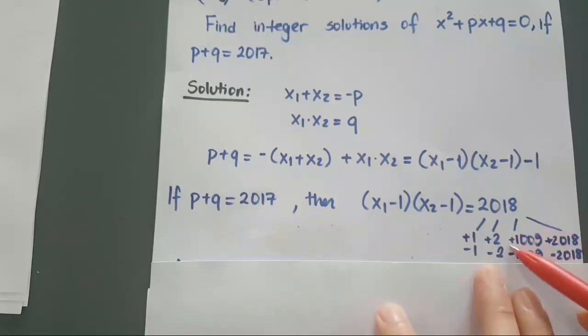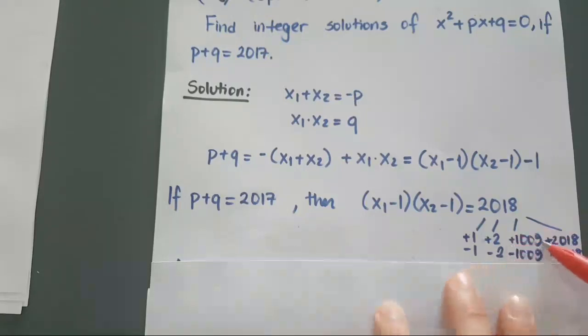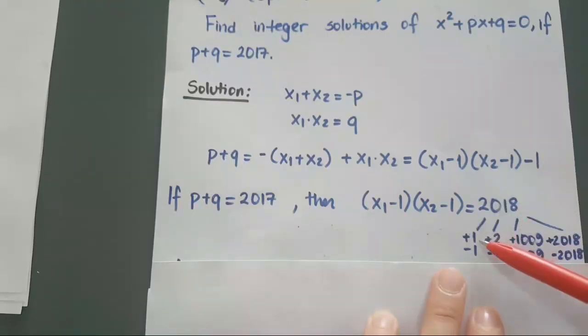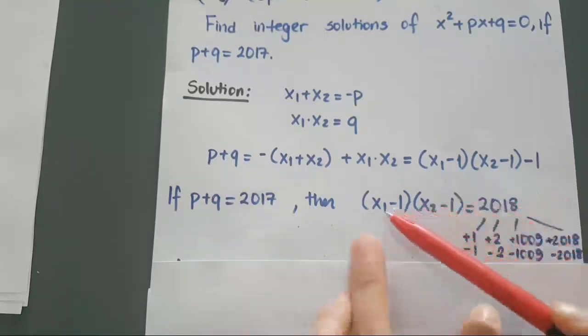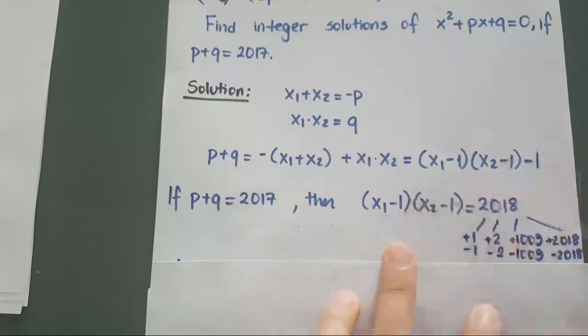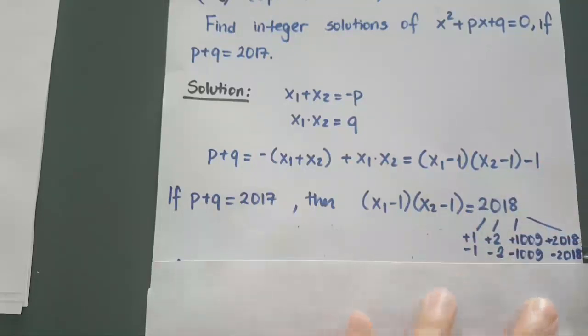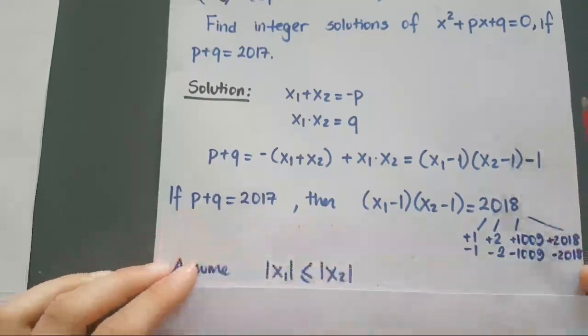Since 1009 is a prime number, we do not have any other factor for 2018. So how many possibilities do we have for x1 minus 1 or for x2 minus 1? 1 and minus 1, 2 and minus 2, 1009 and minus 1009, 2018 and negative 2018.